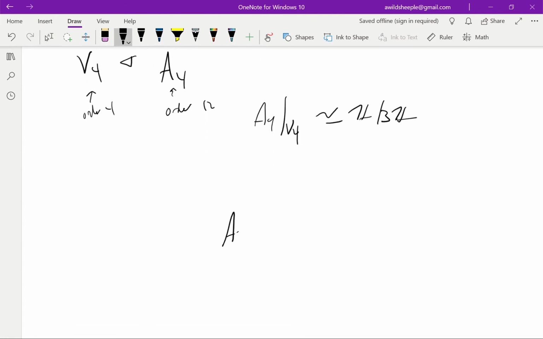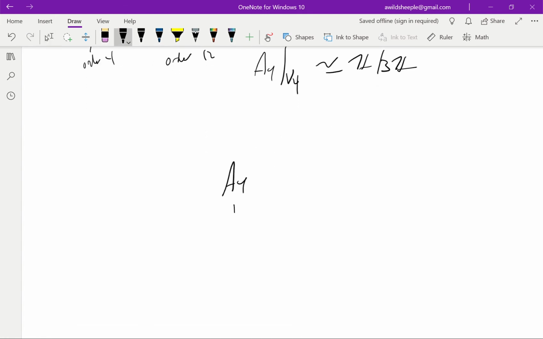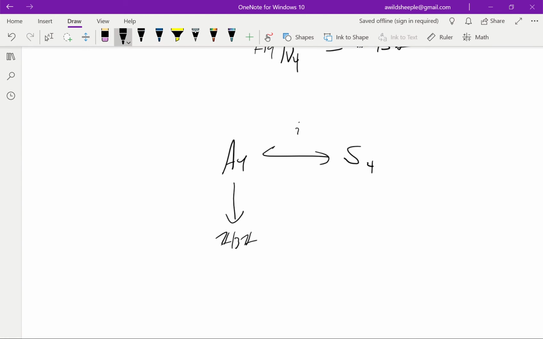That looks like this. And now A4 sits inside S4. There's an inclusion that goes like this, which just includes, and maybe I call this guy pi. And now we can ask the question, is it possible to extend this surjection to Z mod 3Z from A4 to S4?